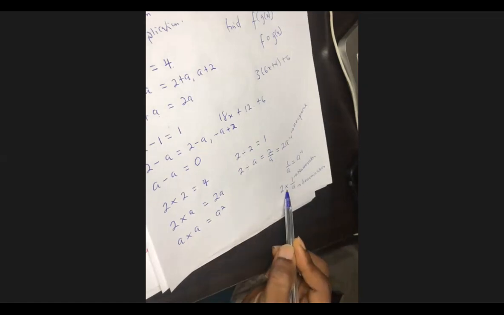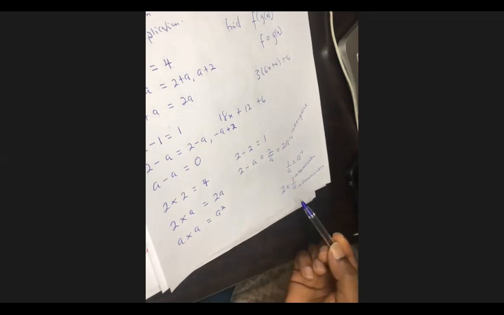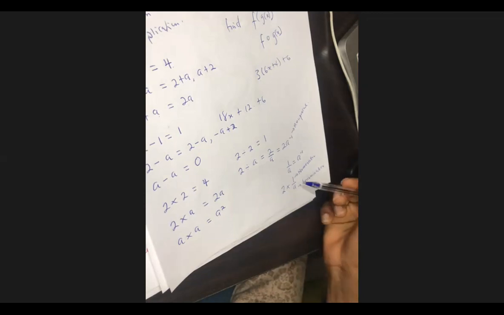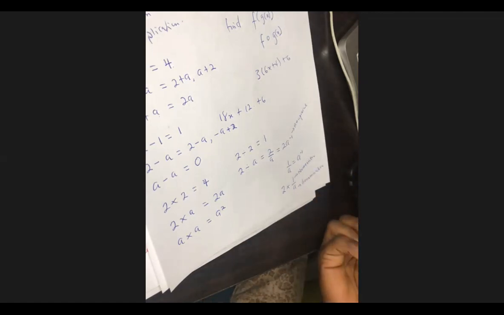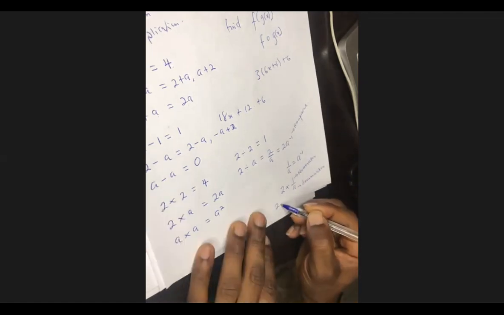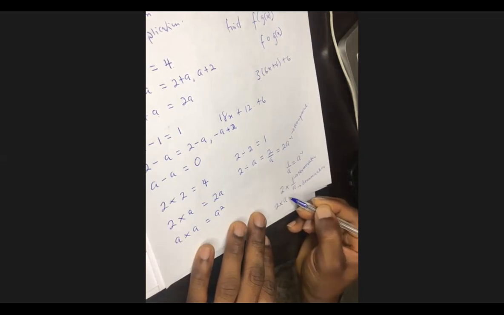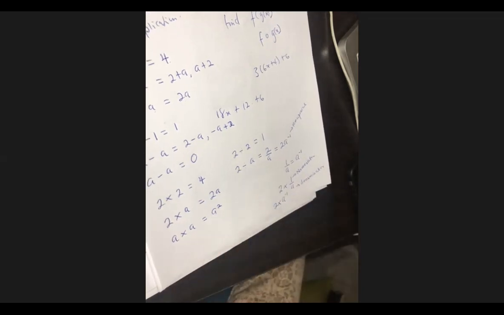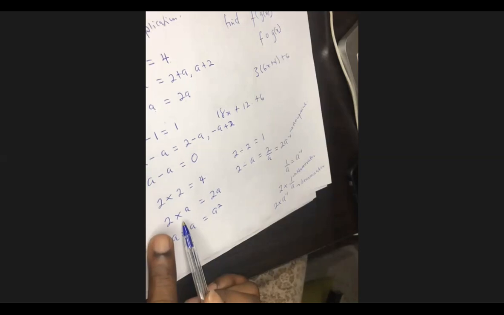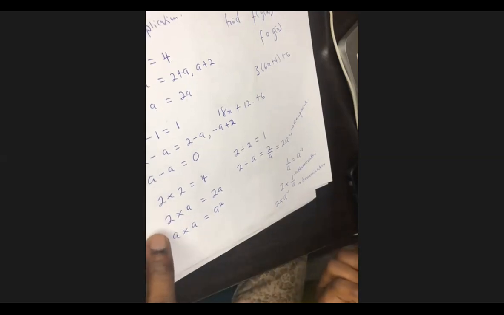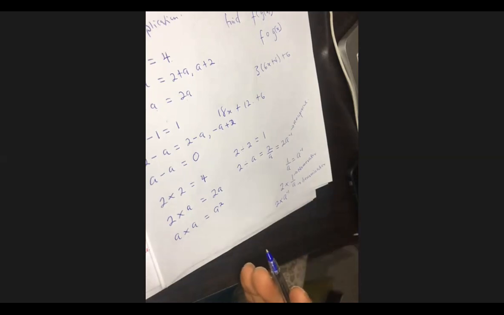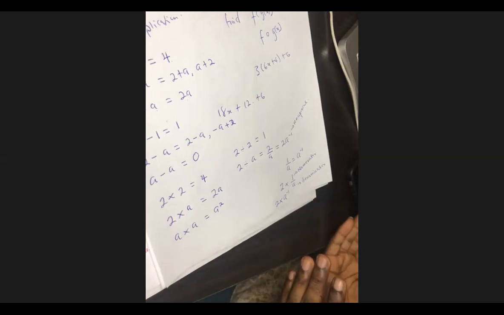So this is how it is. And you also know that 1 over a is the same as this reciprocal, then you are going to have 2 times a raised to the power negative 1. Now, from this theorem, you know that with multiplication, you can combine a number and a variable.